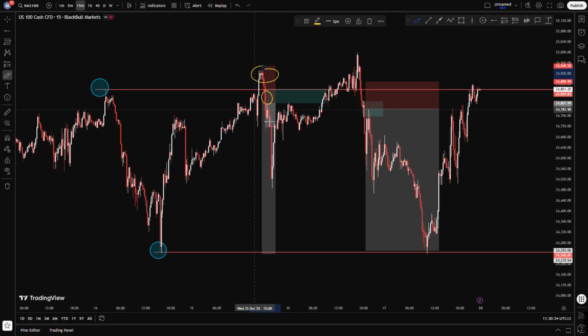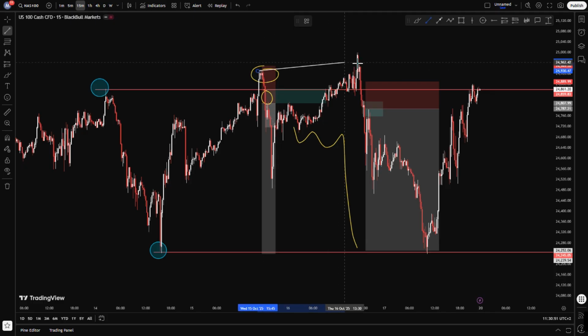From here we were expecting price to continue going to the downside, but we see that price pushed all the way to the upside, taking out this high right here. So now does it mean the setup is invalid?